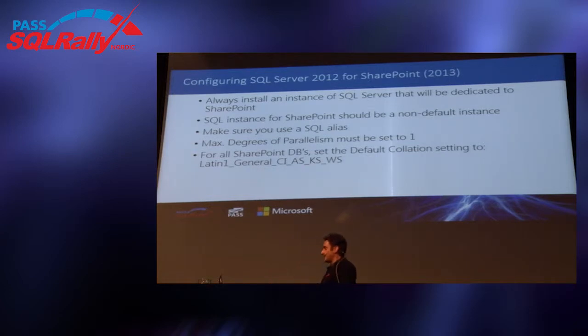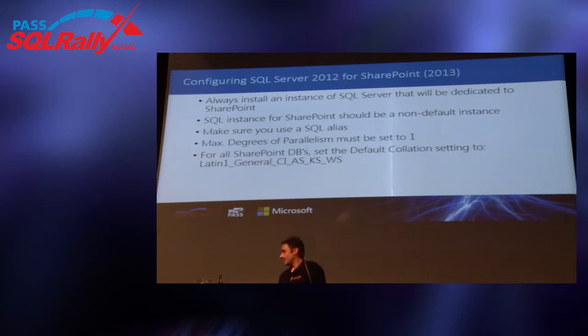All SharePoint databases need to have this default collation, case insensitive, accent sensitive. It's a good idea, when installing the SQL Server for SharePoint, to specify the right collation, then the model database will get the right collation because it cannot be changed afterwards.